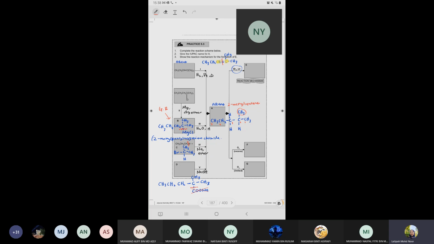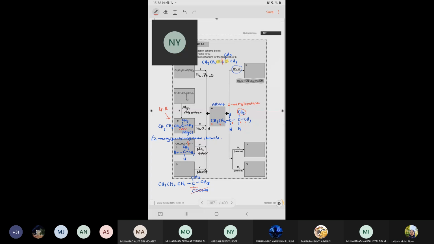Which carbon is tertiary carbon? Tertiary carbon tu maksudnya apa? Carbon nombor 2. Okay, carbon nombor 2 ni tertiary carbon.